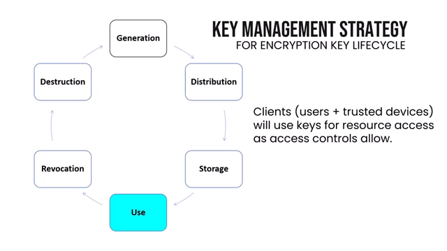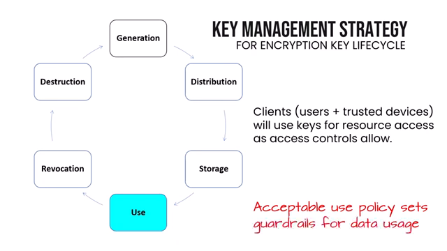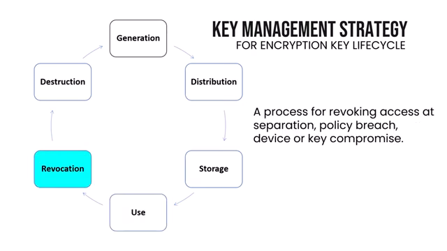And then in use, so think of clients, whether those are users or their devices, they will use keys for resource access as access controls allow. Acceptable use policy sets the guardrails for data usage. So when a user is onboarded, they should sign an acceptable use policy that establishes what is and is not okay with regards to data. Revocation.